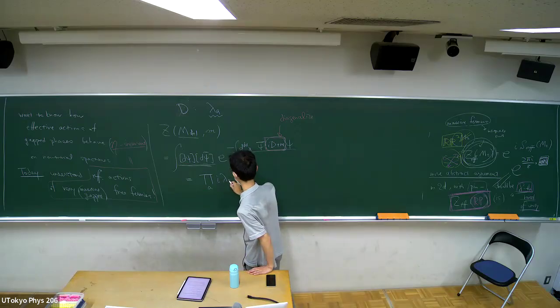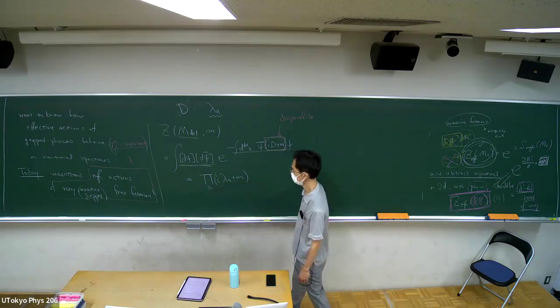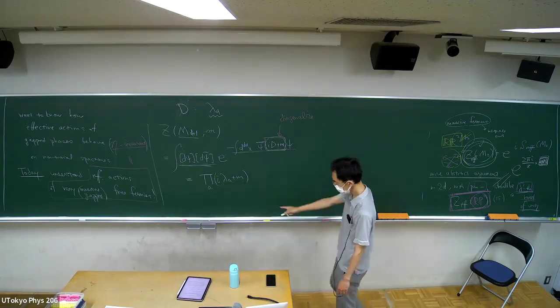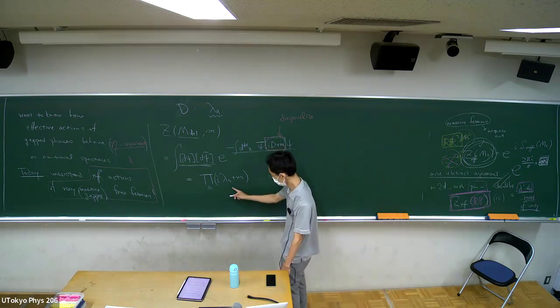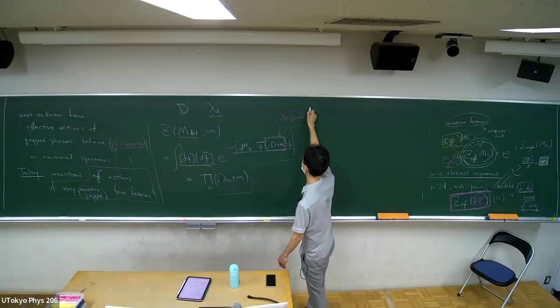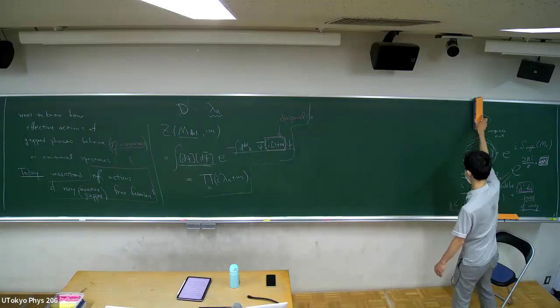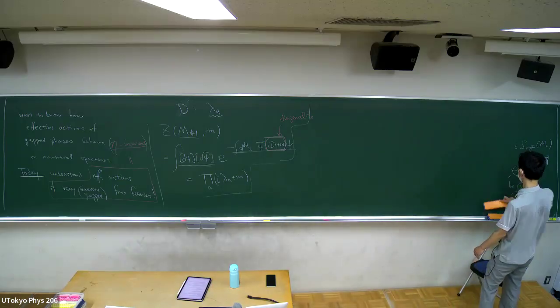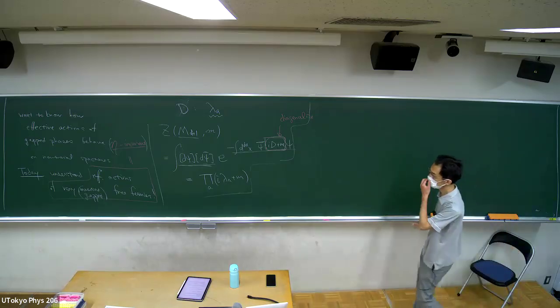So it's just a product of I lambda A plus M over all possible eigenvalues. Of course, this is an infinite product. You need regularizations, but it's a standard expression. So if you have ever learned quantum field theory in the high energy physics setting, you must have seen this type of expression.